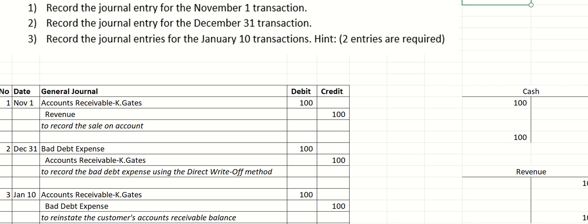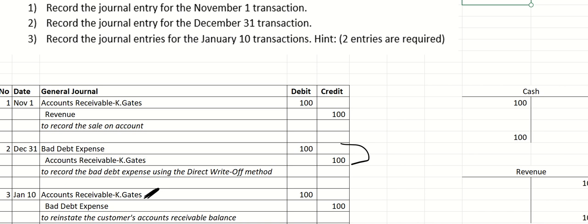First thing Bob needs to do is reinstate the customer's accounts receivable balance by first debiting accounts receivable for $100 and crediting bad debt expense for $100. What this does is it reverses the previous entry. It reverses that previous write-off to reinstate the receivable balance and eliminate that bad debt expense.